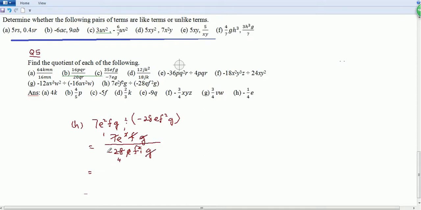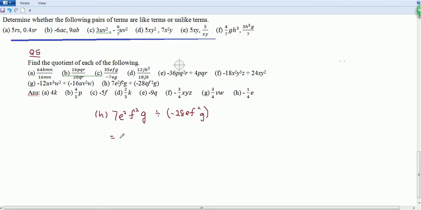Okay, what's the answer? The final answer will be 7e. No more f here, but we have one f left here at the bottom. So the bottom part will be negative 4. You have one f. So this is the final answer.